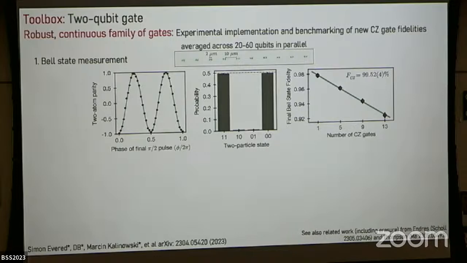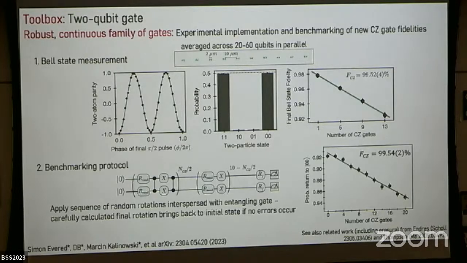We did a second type of measurement, a different kind of benchmarking protocol, where we apply a sequence of random rotations to our qubits, interspersed with entangling gates. And then at the end, we do a carefully calculated rotation to bring the pair back to its initial state. So it would go back to 0, 0, which is the initial state, if no errors occur in between.